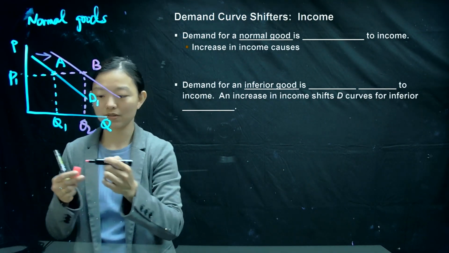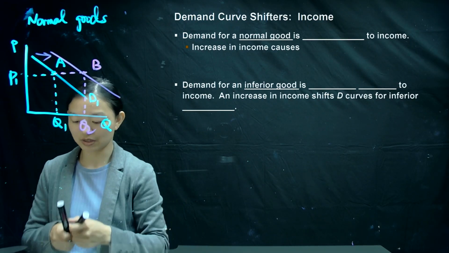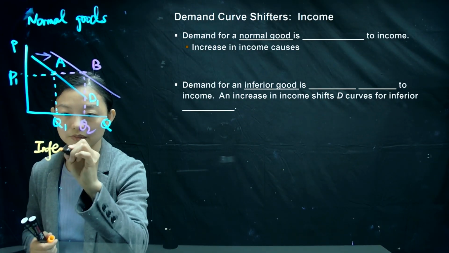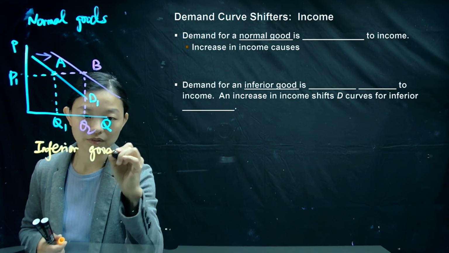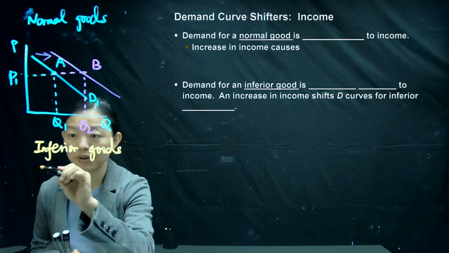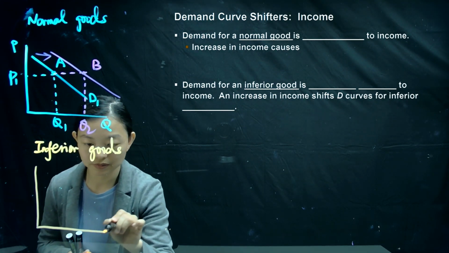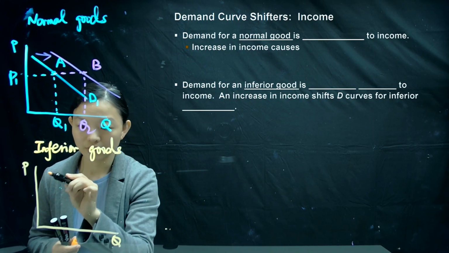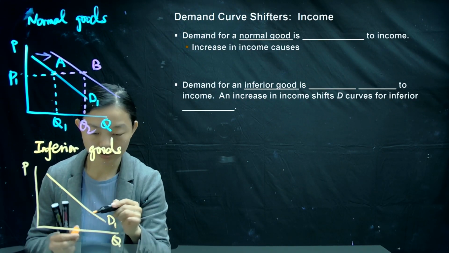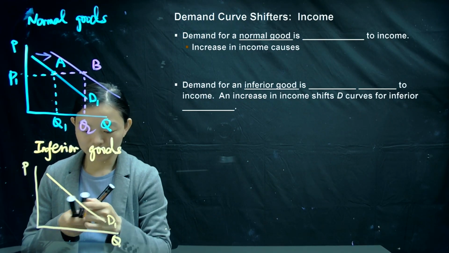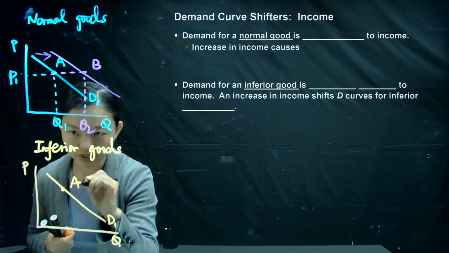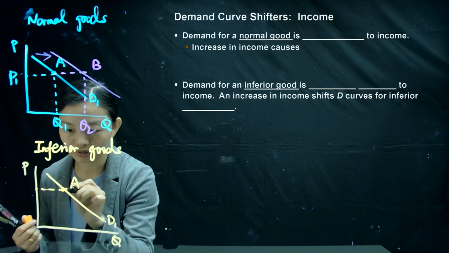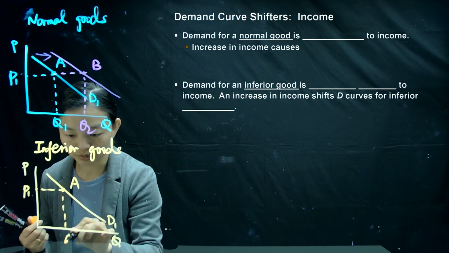For inferior goods it's a little different. I still have the price here and the quantity here. This could be the original demand curve. We can assume this point could be frozen pizza or potatoes, P1, Q1.